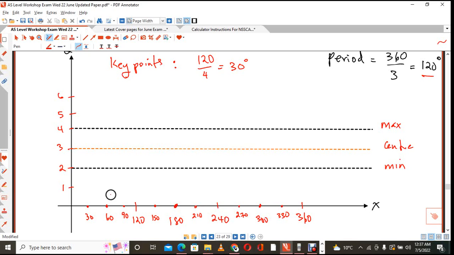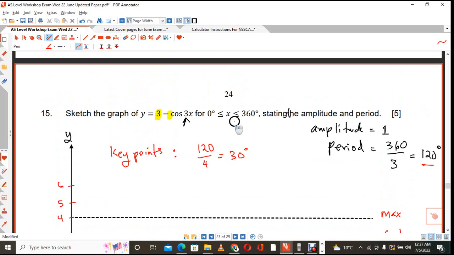All right, so what does it mean? Now I can have my points. Whenever you want to know more or less where your values will lie, you can actually grab your calculator and see what is the output. Now you see this function, I'm going to write it here because it's y equals minus cos 3x plus 3.